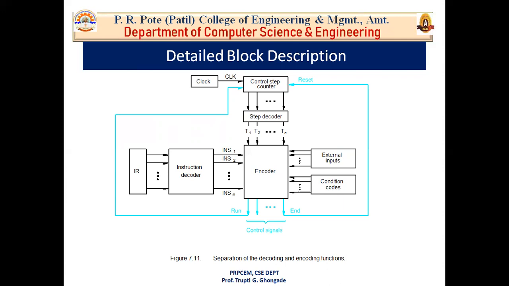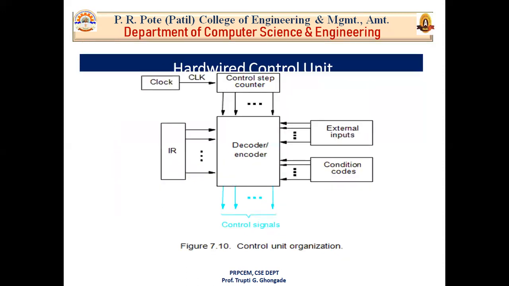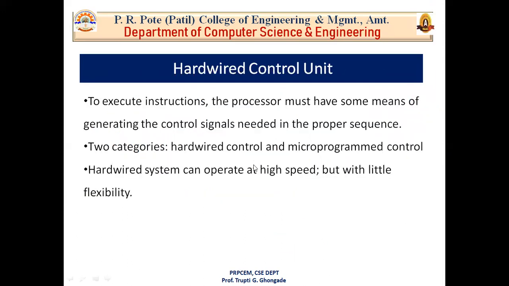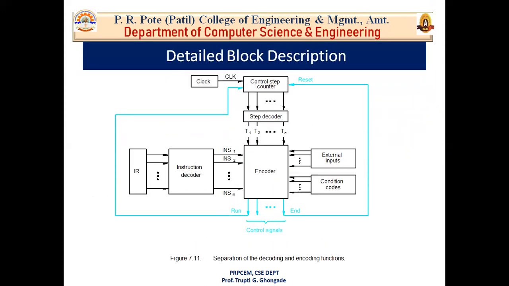Now the input signals to the encoder are combined to generate the individual control signals, like Y in and PC out. The output lines of the instruction decoder, the output lines of the step decoder, the output lines of external inputs and condition codes are provided to this combinational circuit.